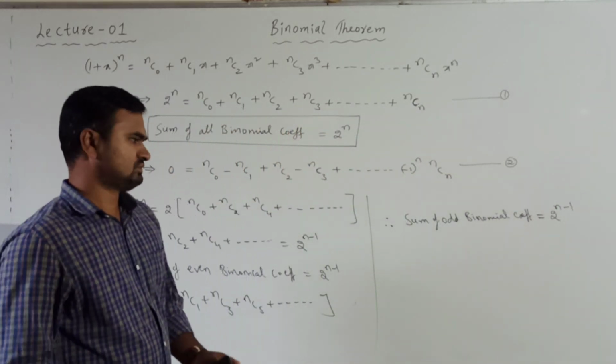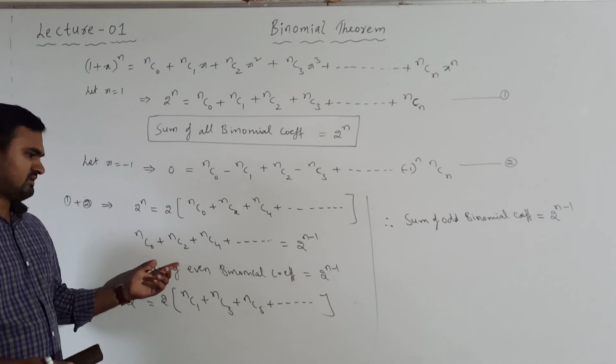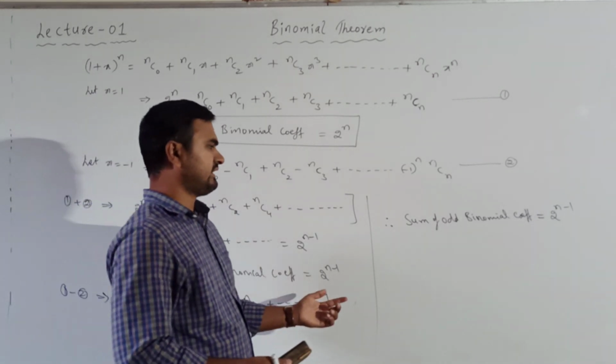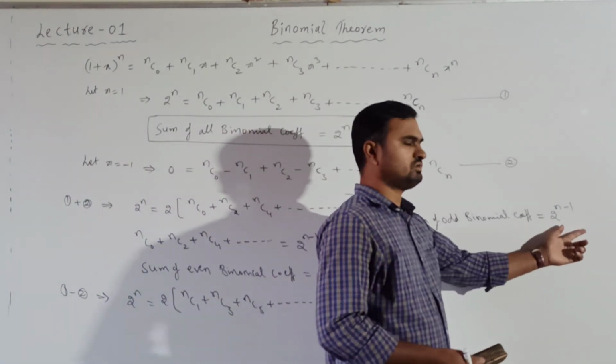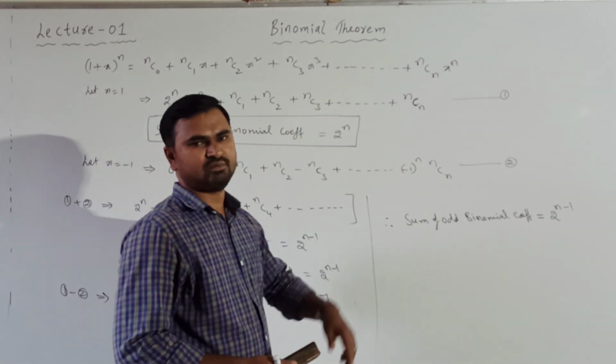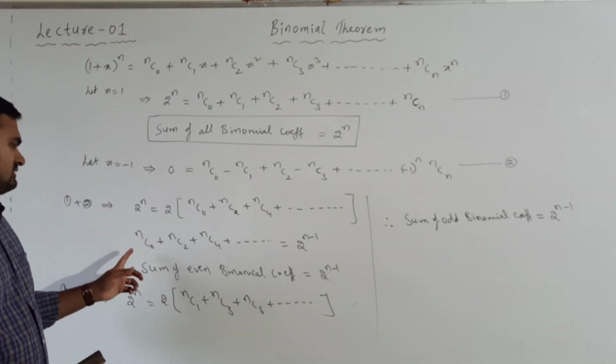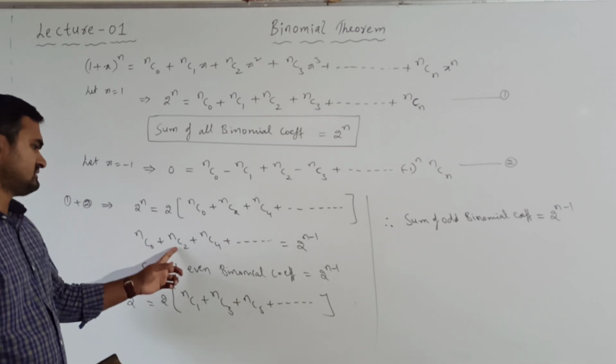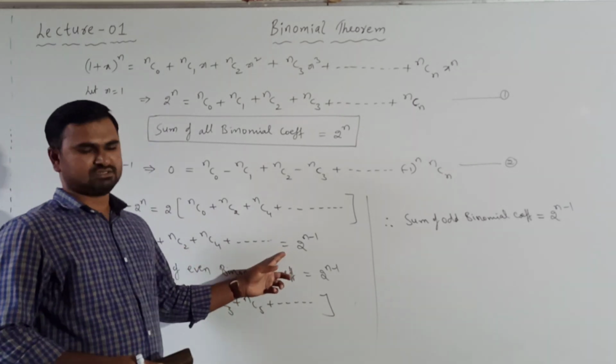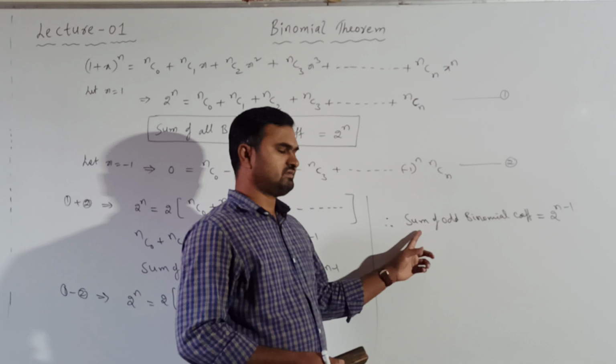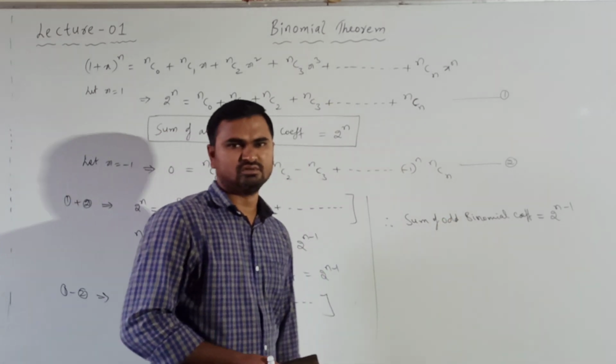So from these two, the sum of even binomial coefficients and the sum of odd binomial coefficients, can we write both are equal? Okay, so they will be equal. nC0, nC2 up to the last one will be the same as nC1, nC3, nC5 up to the last one.